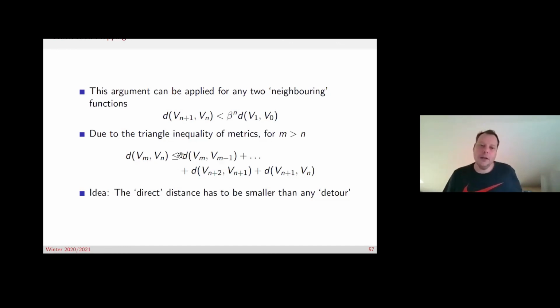And here you use the triangle inequality, saying that this distance is always smaller or equal to any detour with which you could reach this distance. I think we are running out of time.